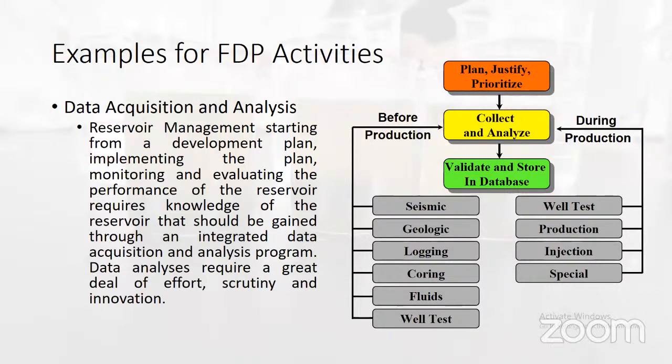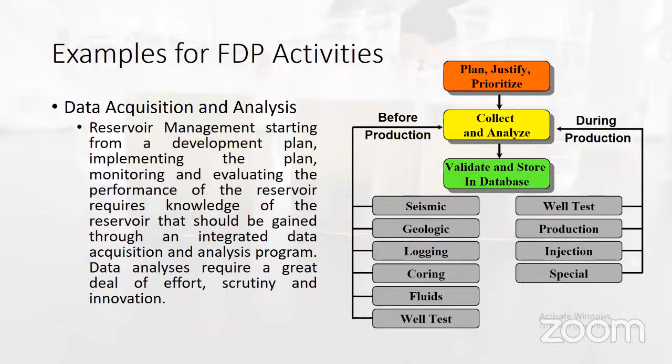Some data, like coring, we can have a core sample, we can have a PVT sample, and we will speak about the applications for the PVT data and the core data in field development planning. Also, after putting the field on production, we can acquire other data, like well tests and production tests, to see the productivity of that reservoir, because in some cases we may have a huge original oil in place, but the productivity of the wells is actually very weak.